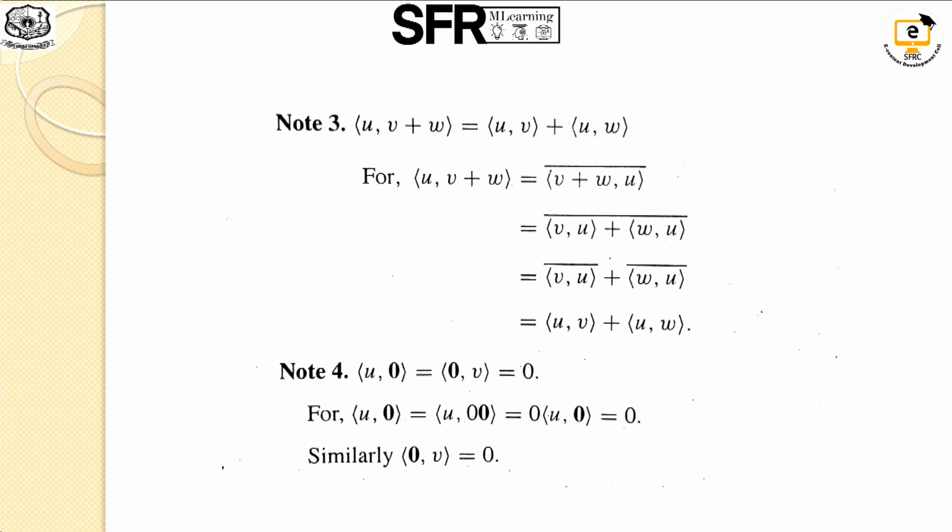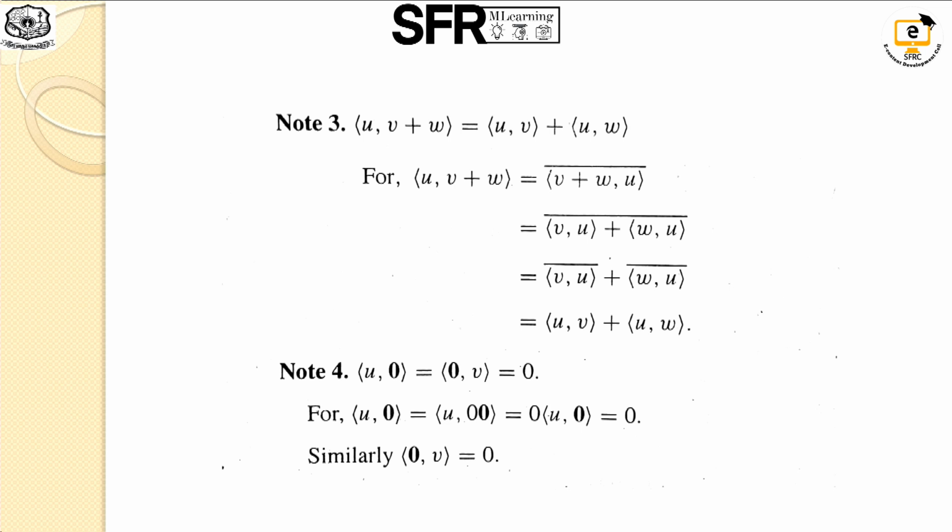By the axioms of the inner product, we can split it up: the inner product of v comma u plus the inner product of w comma u, the whole conjugate. Again by the properties of complex conjugates, the conjugate of a plus b equals a bar plus b bar, so we can split up the terms: the conjugate of the inner product of v comma u plus the conjugate of the inner product of w comma u. In the next step, the conjugate of the inner product of v comma u is the inner product of u comma v, so we get the inner product of u comma v plus the inner product of u comma w. So this is what we had to prove.